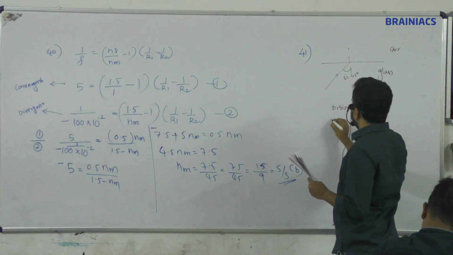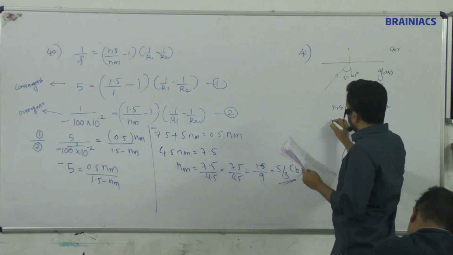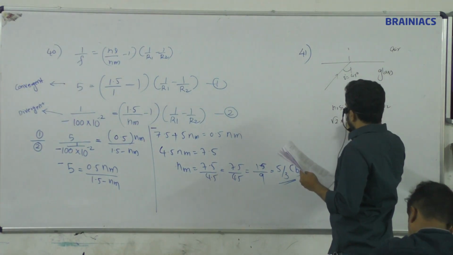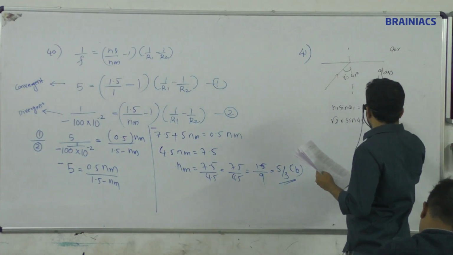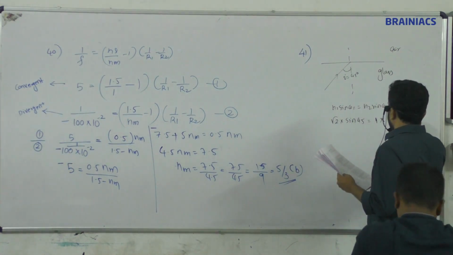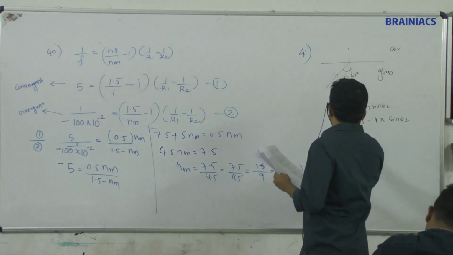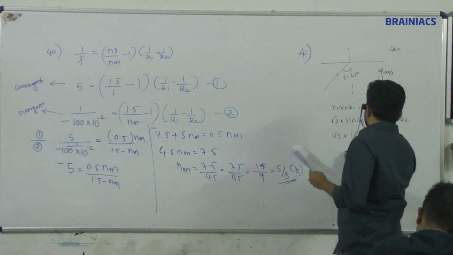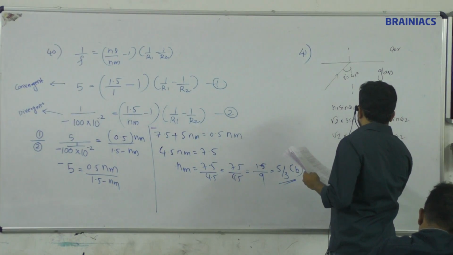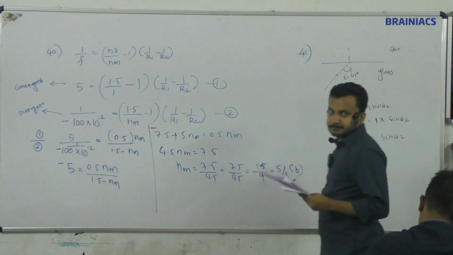N1 is glass, refractive index root 2 is given, sin of 45 degree. N2 is air, 1, into sin of theta 2. So root 2 into 1 by root 2 equals sin theta 2. So theta 2 equals how much? 90 degree. Correct?